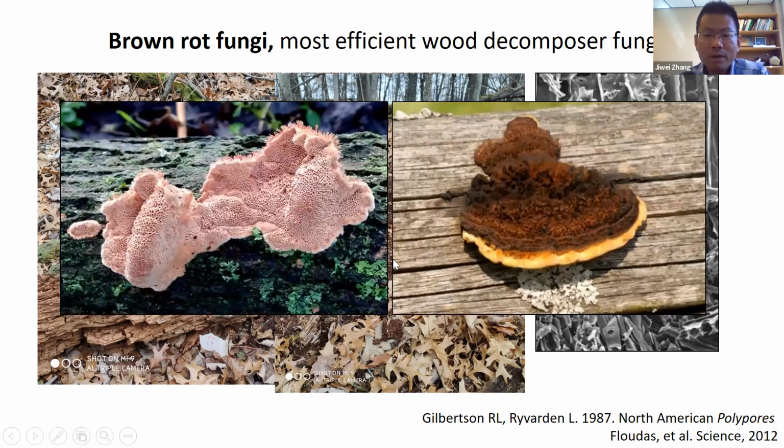These are two commonly used brown rot species in our lab. The left one is a polypore, and because it has many pores, it's called polypore. And the shape is very like a placenta, so they named it Rhodonia placenta. This is one of the model fungi used in our lab to study brown rot mechanisms.